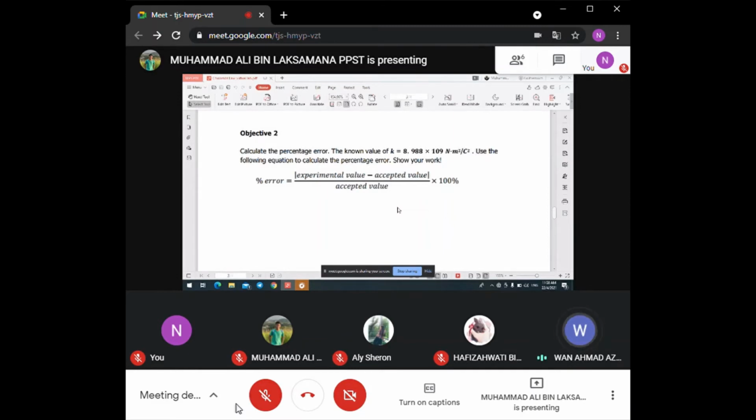In this objective 2, the experimental value will be 8.988 × 10^9 newton meter squared over coulomb squared, which is K. And the accepted value, we can determine from the formula F equals K Q1 Q2 over r squared from Coulomb's law.